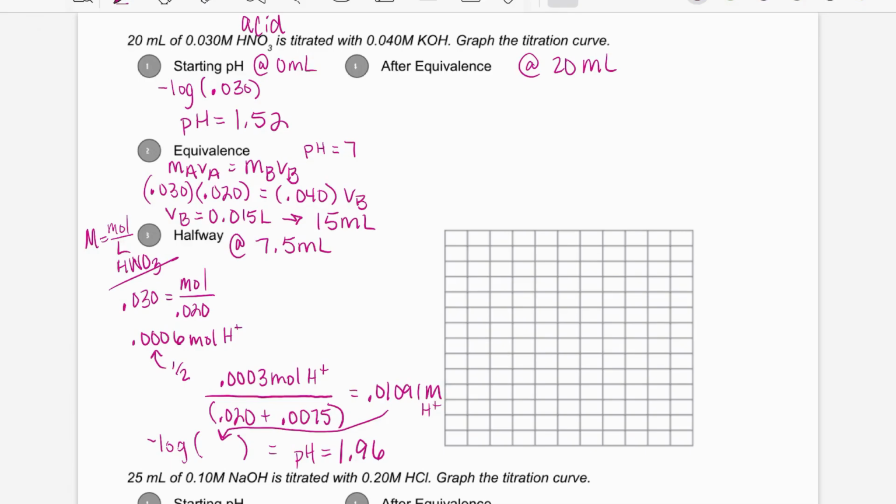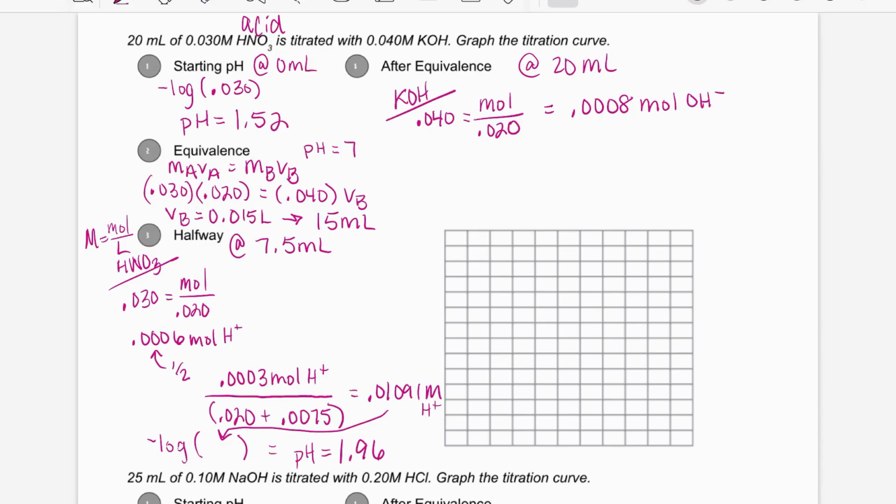For this, I have to figure out how many moles of KOH I am adding. KOH has a molarity of 0.040. The volume I'm adding is 20 milliliters, so 0.02 liters. That is equal to 0.0008 moles. And again, I like to label this as my base, so hydroxide.